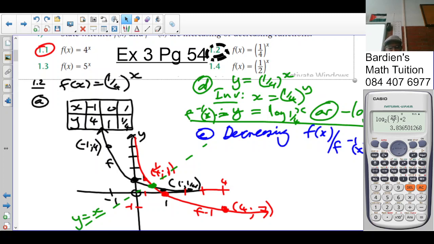Now we're going to look at log functions, okay, since we have drawn now the exponential graph and its inverse.